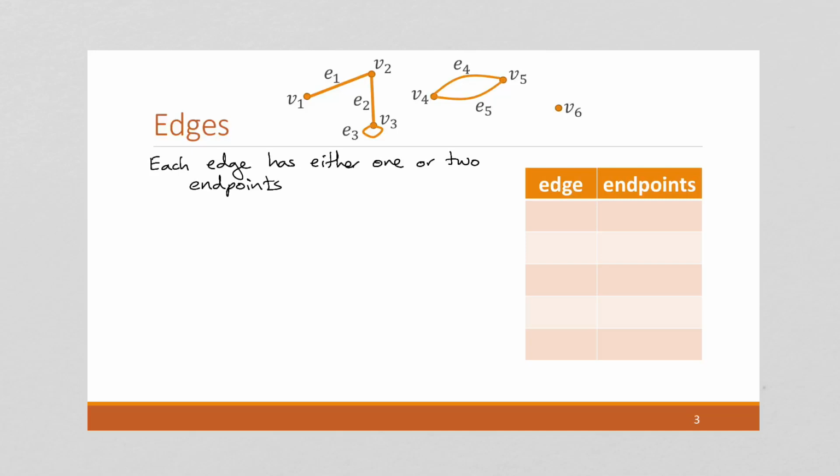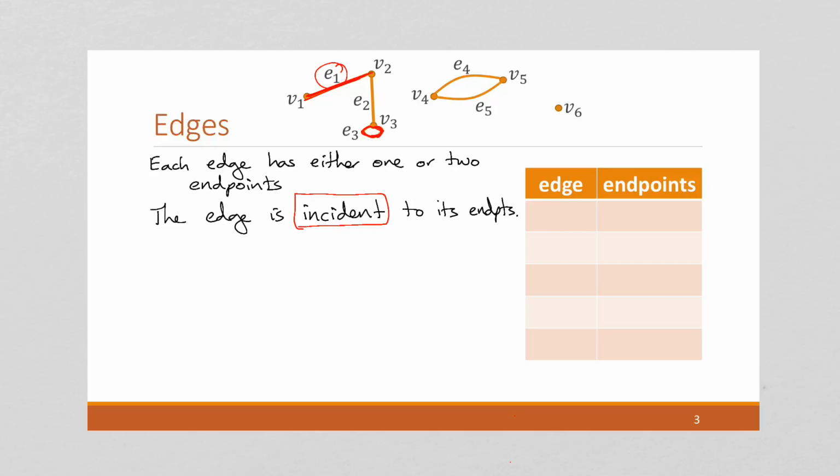This edge right here, E1, has two endpoints, V1 and V2, and edge 3 down here just has one endpoint, and that's V3. We say that the edge is incident to its endpoints. This is a term that you do need to know. It's incident to its endpoints.